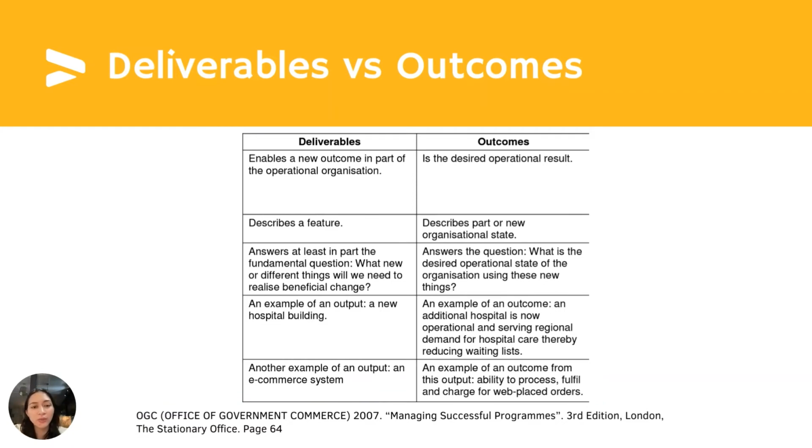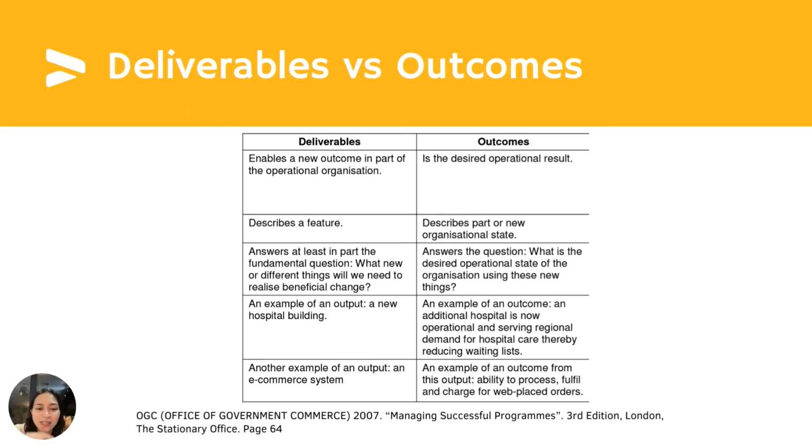So the deliverable is to add 2 more lanes and create wider roads. The outcome is that one possible outcome is that the traffic may be decongested, so you have a better traffic flow on that area. That is basically the difference between deliverables and outcomes.